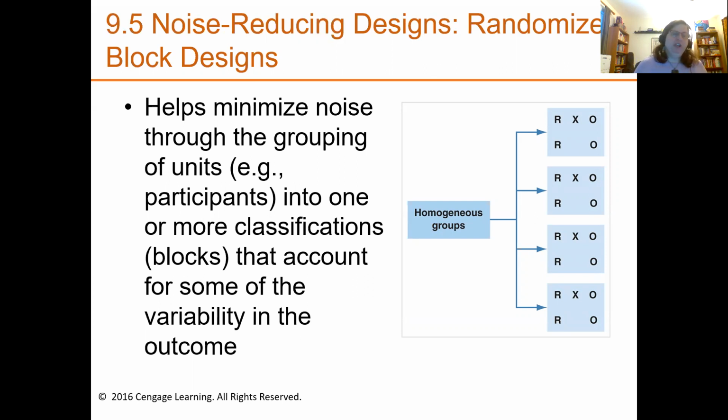What we're going to do here is block out groups that are the same and look at them separately. So here's one similar group. Here's a second one that's similar. Here's a third, and here's a fourth. These are not necessarily similar across each other, but within each group, they're pretty similar.